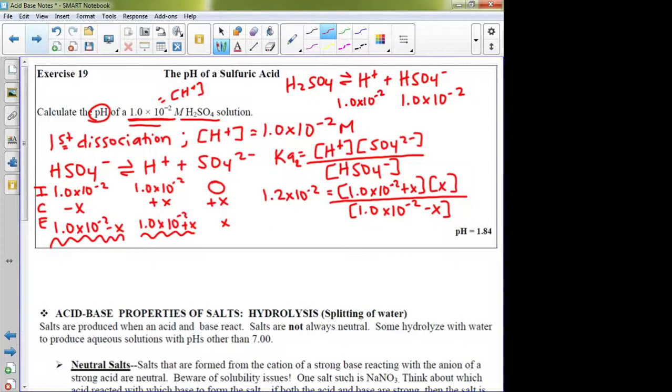And since this Ka value and this concentration are so close in number, I could not neglect x here. So if I can't neglect x, I would have to use the what? Quadratic formula. Okay? But we don't have to use the quadratic formula. We're just going to solve for x. So the concentration of x would be 0.0045.